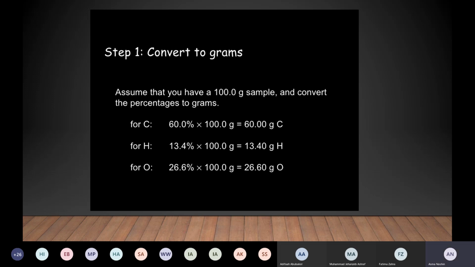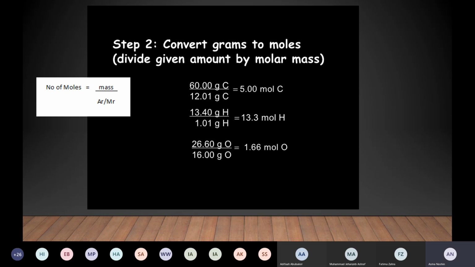What will you do next? You have to find the number of moles. And for that, you have to write the mass on top for each element separately. And down below we will write the atomic mass or relative atomic mass.